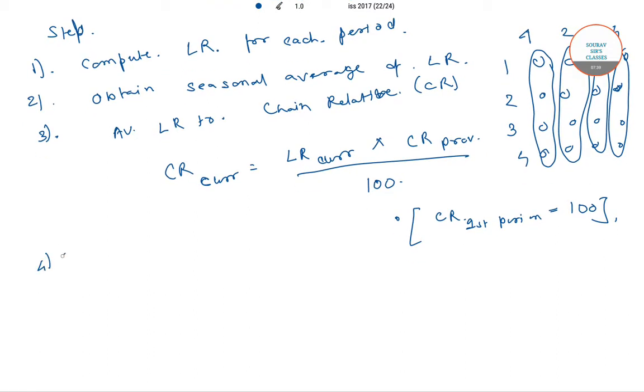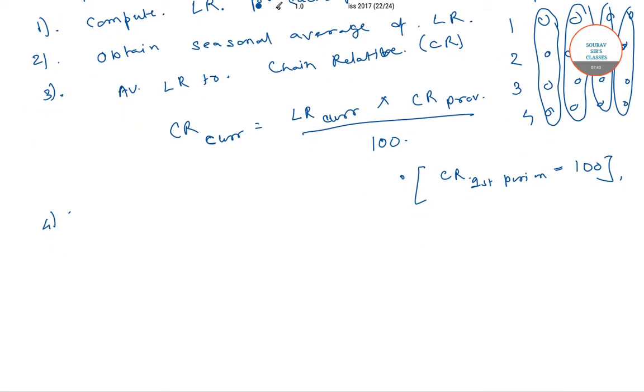Then the next step is that we find the revised chain relative of the first period, CR revised of the first period.